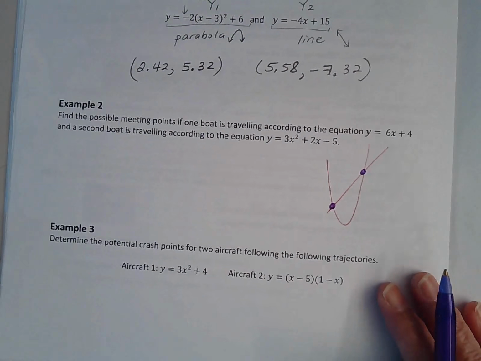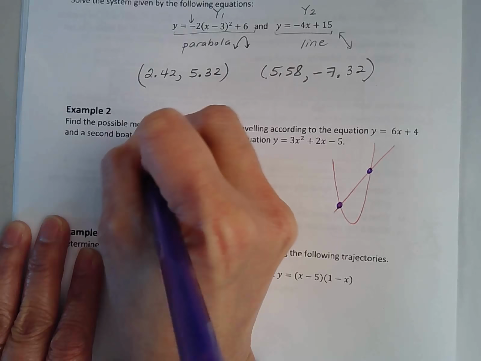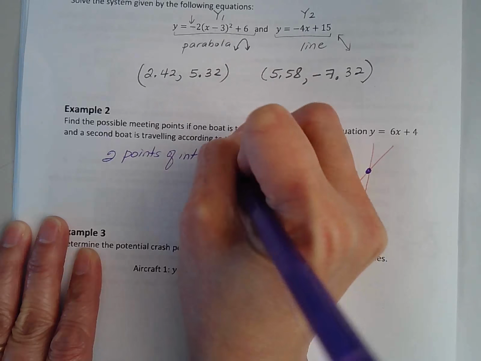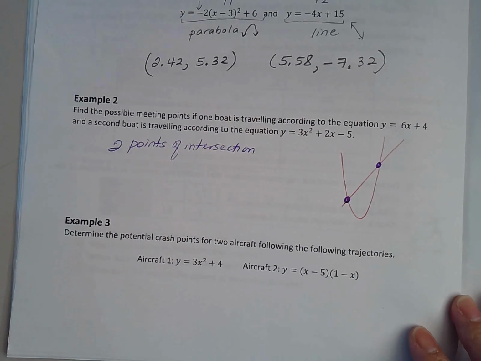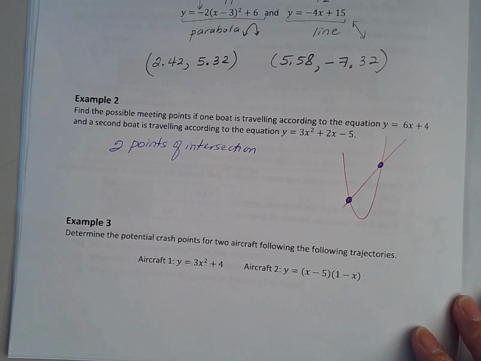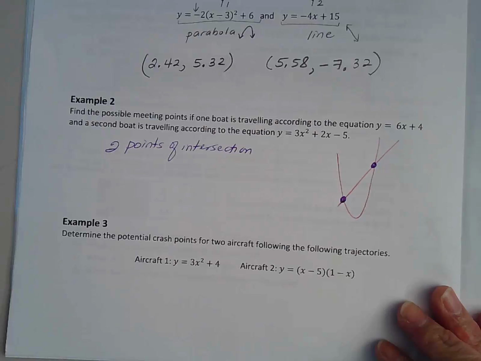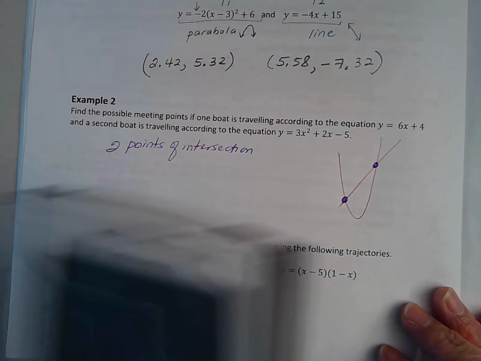So you have 2 points of intersection, and that's what we're trying to find. What are the intersection points? How do we find the intersection?